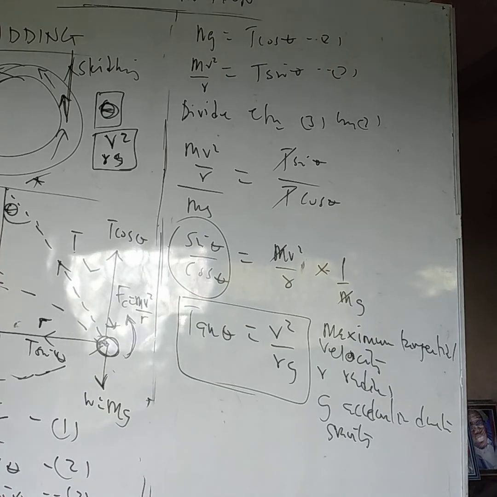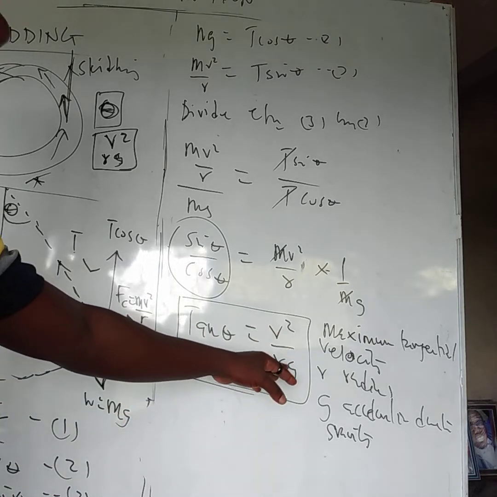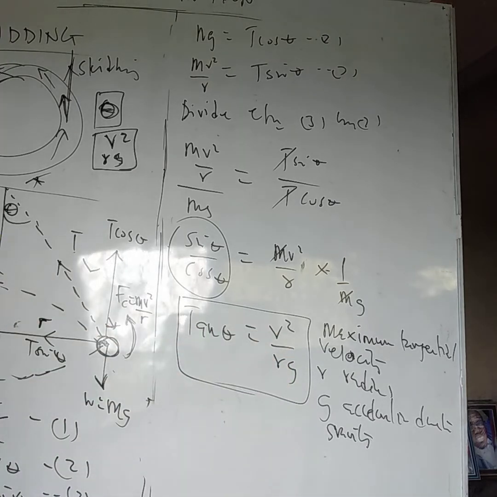But one thing that we should note from that expression is that the bulb moves along a straight path away from the center of the horizontal circle in times of skidding. So for skidding to take place, this equation must be disobeyed. For the bulb to swing in a circle without skidding, the condition tan theta is equal to v squared over rg must be obeyed.